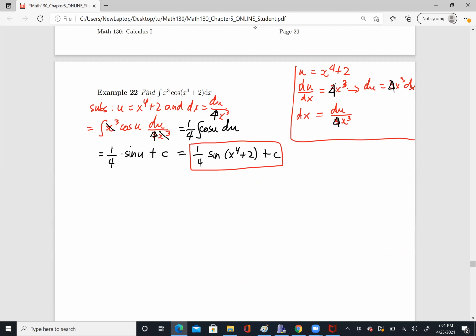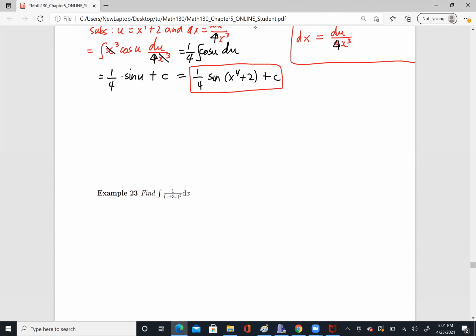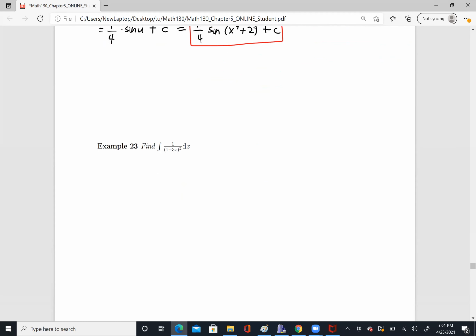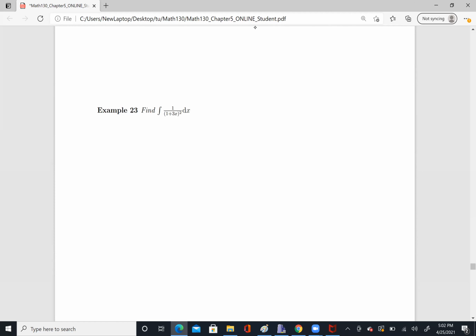Okay, so let's do the next example over here. For this one, I'm pretty sure that you must think about substitution for the bottom.